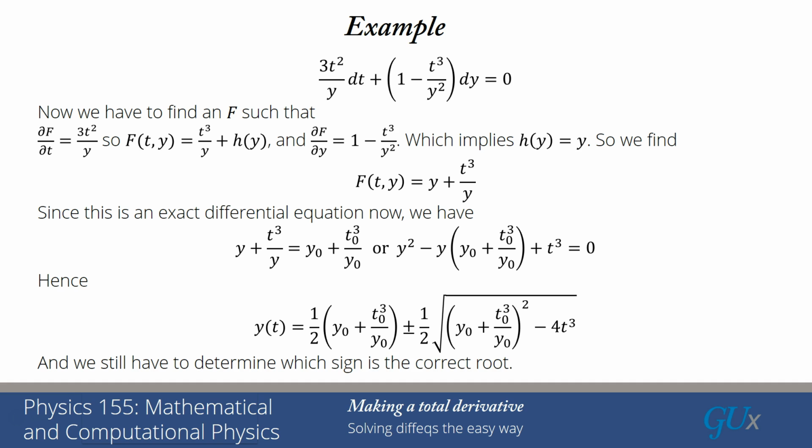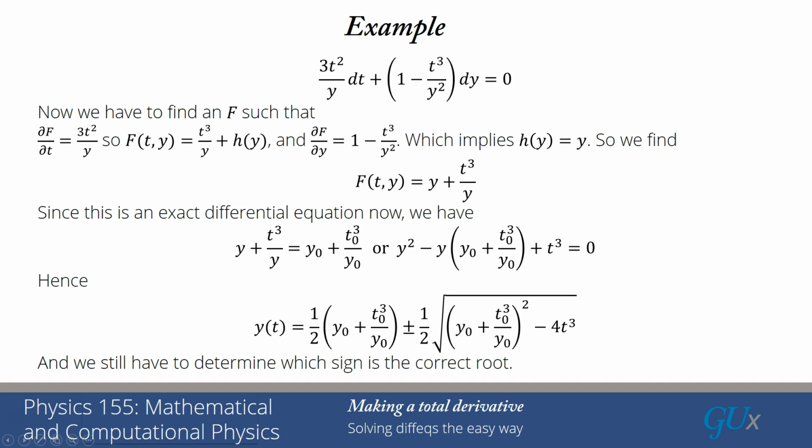And you see, I still have some choices here. There's a plus or minus sign that I have to figure out. And usually the way this works is that when we look at the initial condition, only one of those signs is going to actually give me the correct initial condition when t is equal to t0.